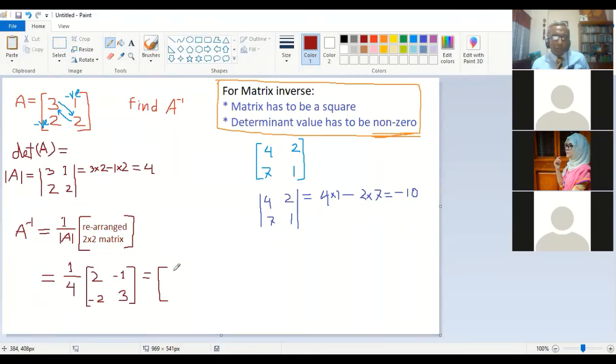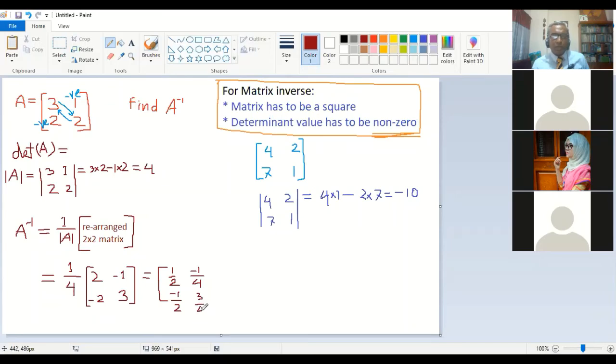So it is 2 by 4, which you can write as 1 by 2, and then 1 by 4 into minus 1, so it is minus 1 by 4, and then downward it is again minus 2 by 4, so it is minus 1 by 2, and then 1 by 4 into 3, so 3 by 4.